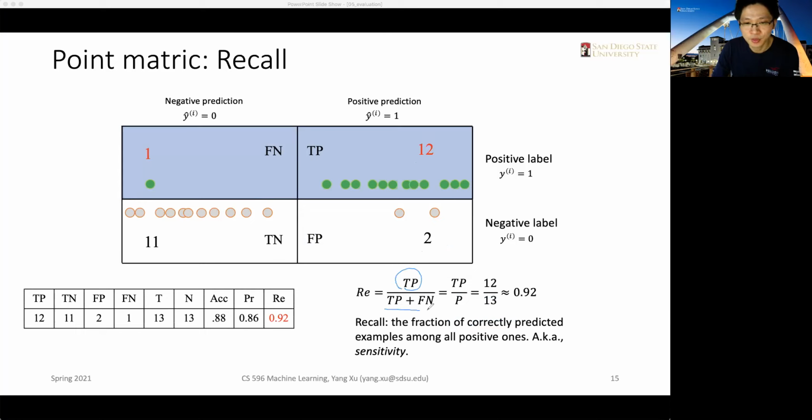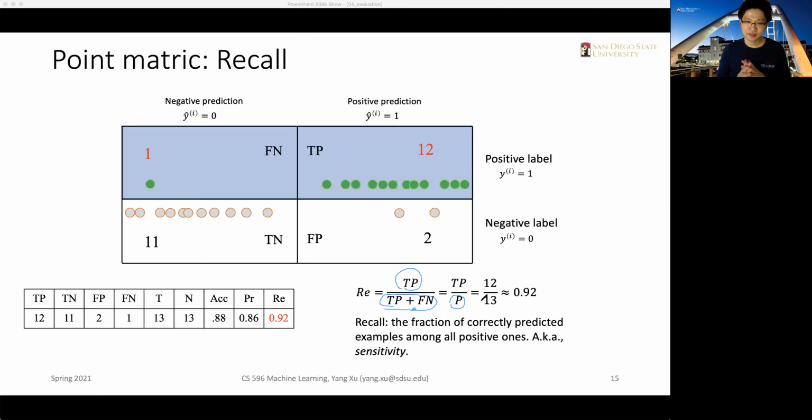It's true positive plus false negative, which is just the number of all positive examples.